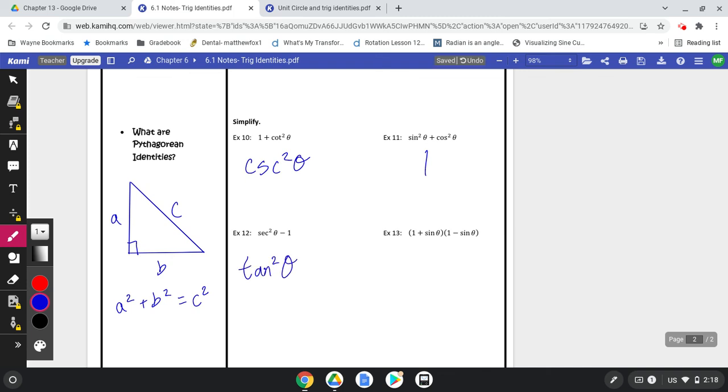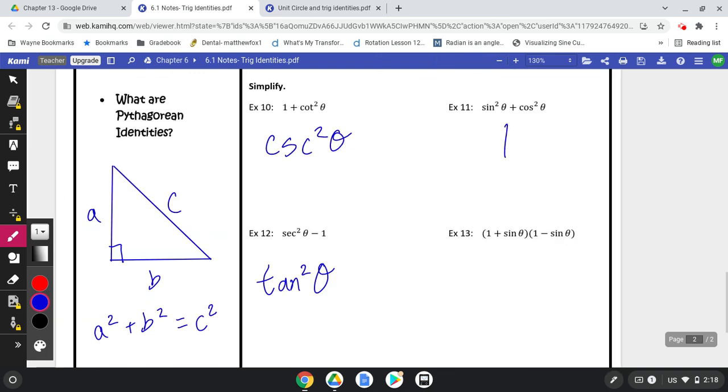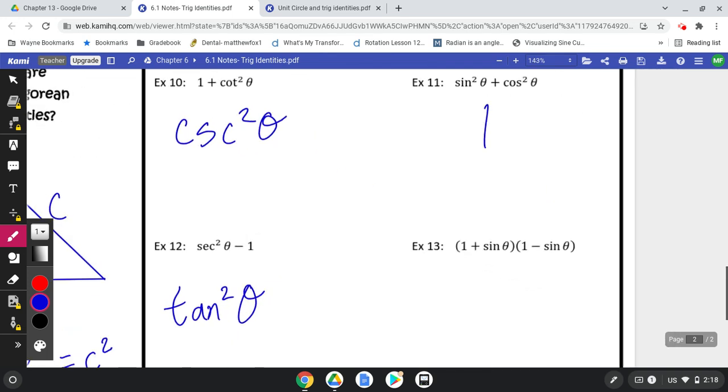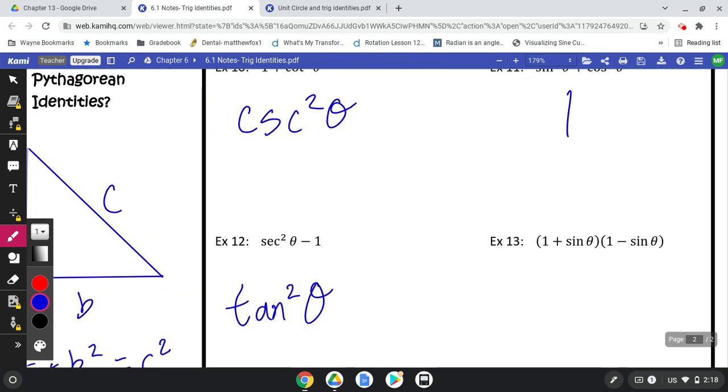Now on example 13, 1 plus sine theta and then 1 minus sine theta. To solve this, this doesn't match up with one of our identities, but we can make it if we use FOIL. So first, 1 times 1, outside, minus sine theta. Inside is plus sine theta.